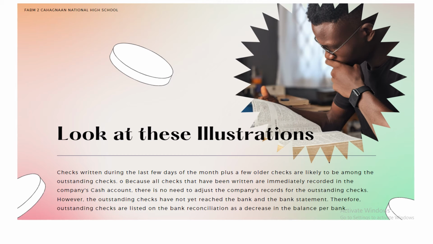Therefore, outstanding checks are listed on the bank reconciliation as a decrease in the balance per bank. Okay? So, cheque na hindi pa na-encash, hindi pa dumating sa bangko. Subalit ito ay nakatala na sa company's record, but not yet in the bank's record kasi hindi pa siya dumating doon.